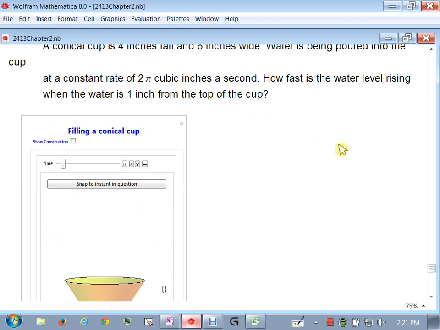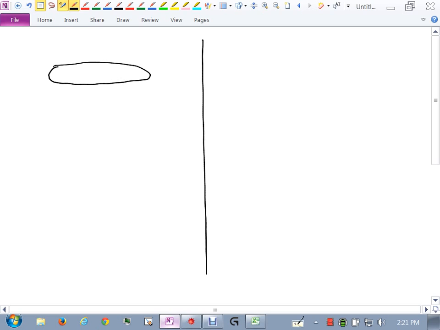All right, let me just start with some pictures. Hope I have time to finish this one. All right, I have a cone, right? Is the cone changing? No, cone doesn't change. This thing is 4 inches tall and 6 inches wide.